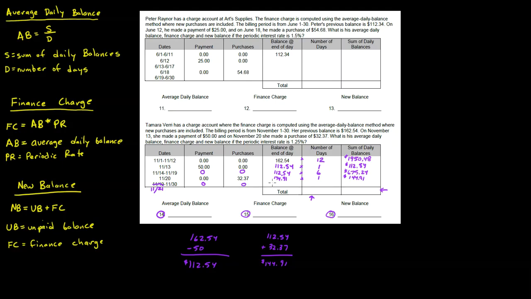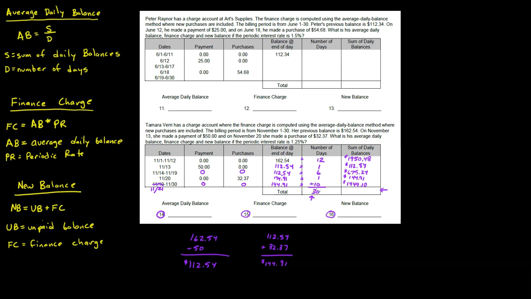At the end of each of those days, I owed $144.91 times the number of days. That's 10 days. So it's $1,449.10.